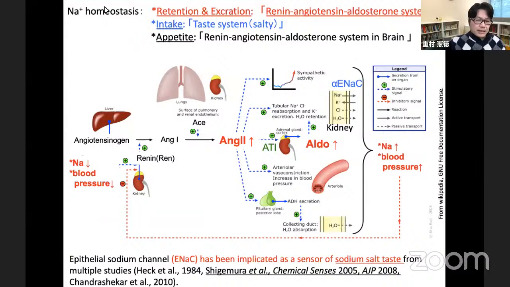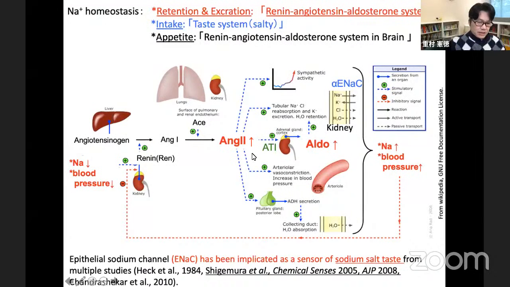It's well known that sodium homeostasis is regulated by the renin-angiotensin system. Angiotensin 2 is produced by renin and angiotensin converting enzyme 1, ACE1, from angiotensinogen.